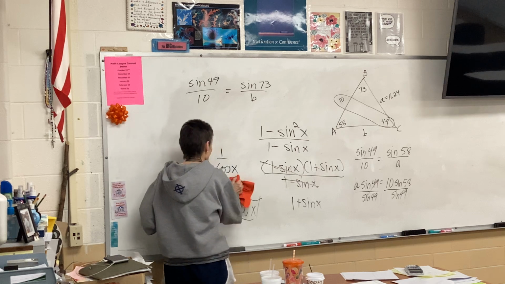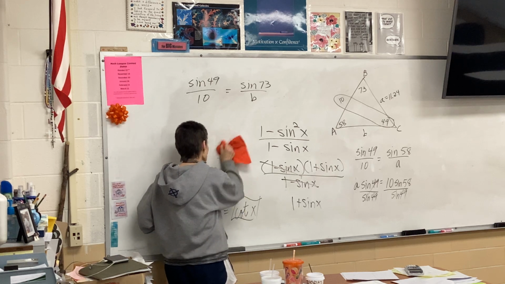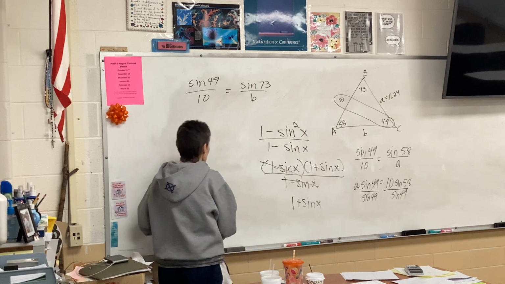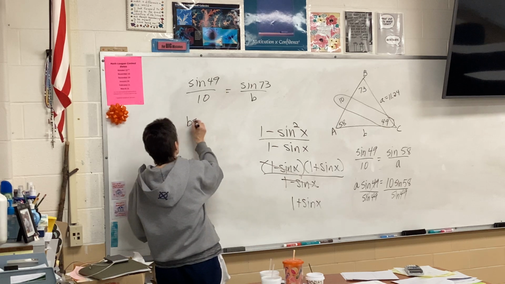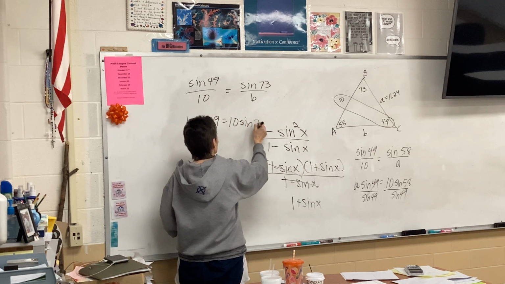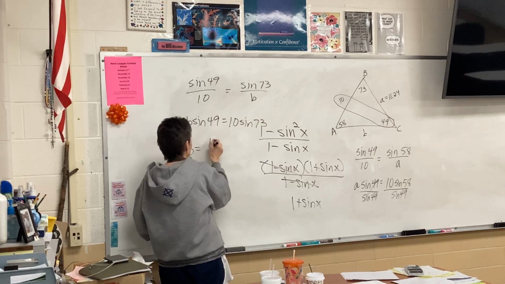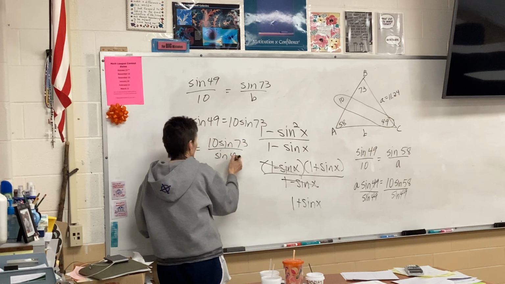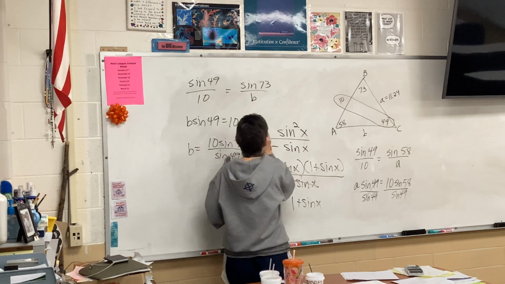And then I will do my cross multiply and my divide. Type it in on my calculator. So it looks like I'm going to get 10 sine 73 over sine 49. So I'll type that in.